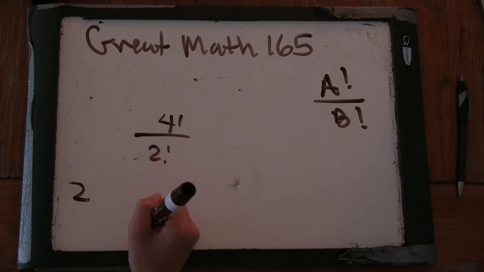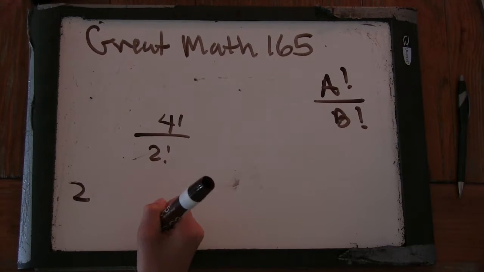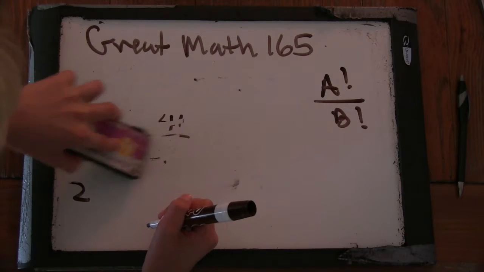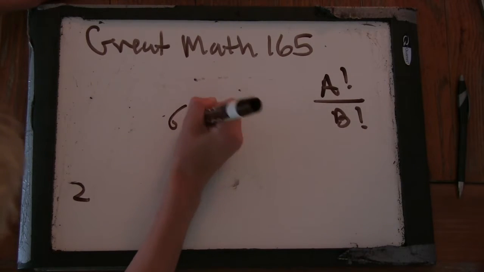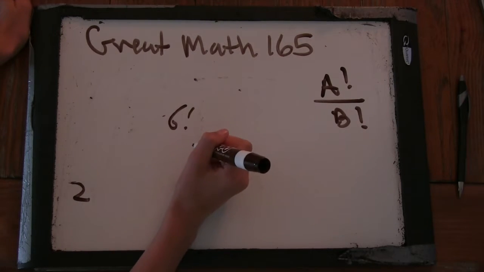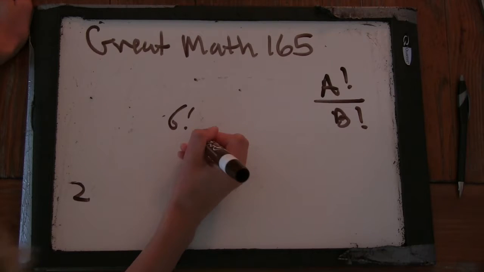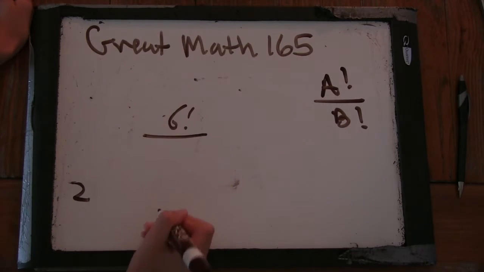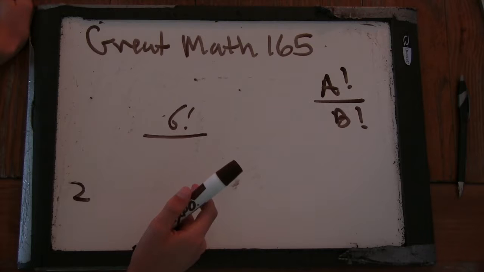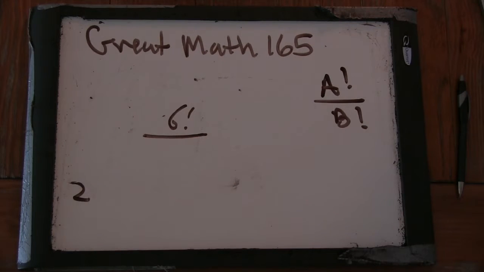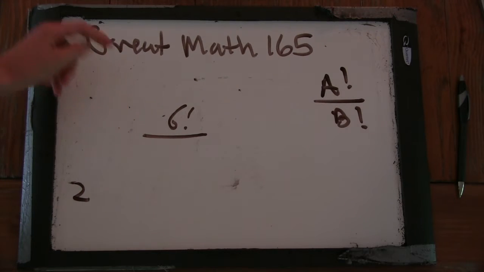Let's see. Well, if we go up to 6 factorial, that adds one more 2. So now we have four 2's on the top. Now we have to take away two of them. Well, we can't do that exactly. So we need to add more 2's because we can't take away the exact number of 2's.